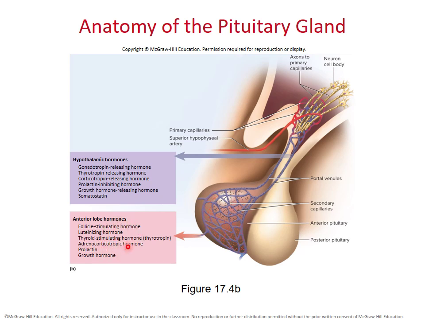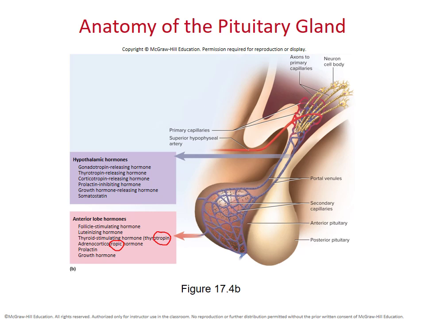So most of the anterior pituitary's hormones are what we call tropic hormones. And when you see that word tropic or tropin, what you want to think is that is a hormone that is going to stimulate the behavior of another gland.